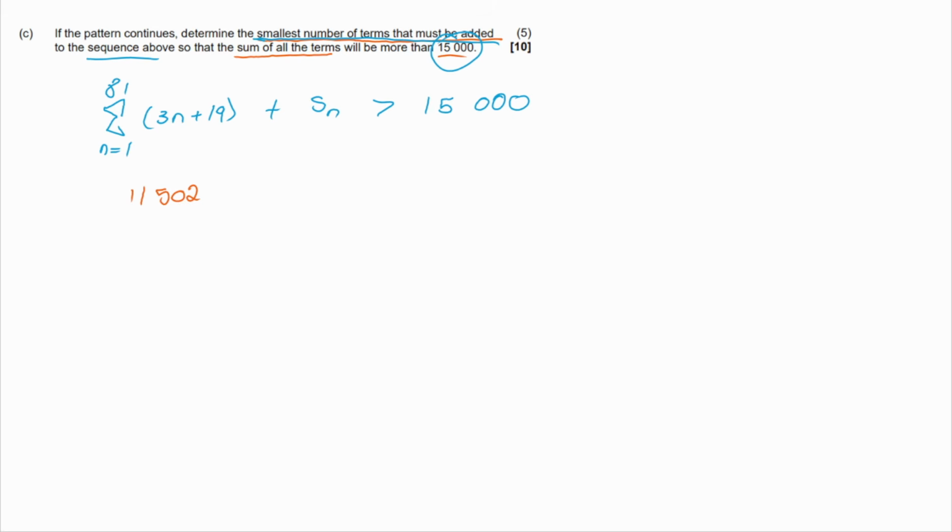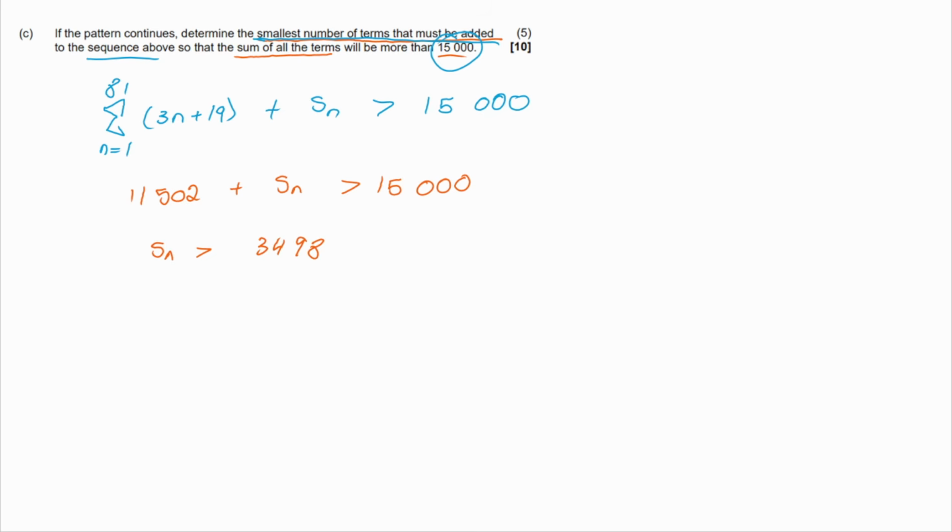So essentially what we have is this. We know that this is 11,502. If I take that to the other side, I get 15,000 minus 11,502. That gives me 3,498.